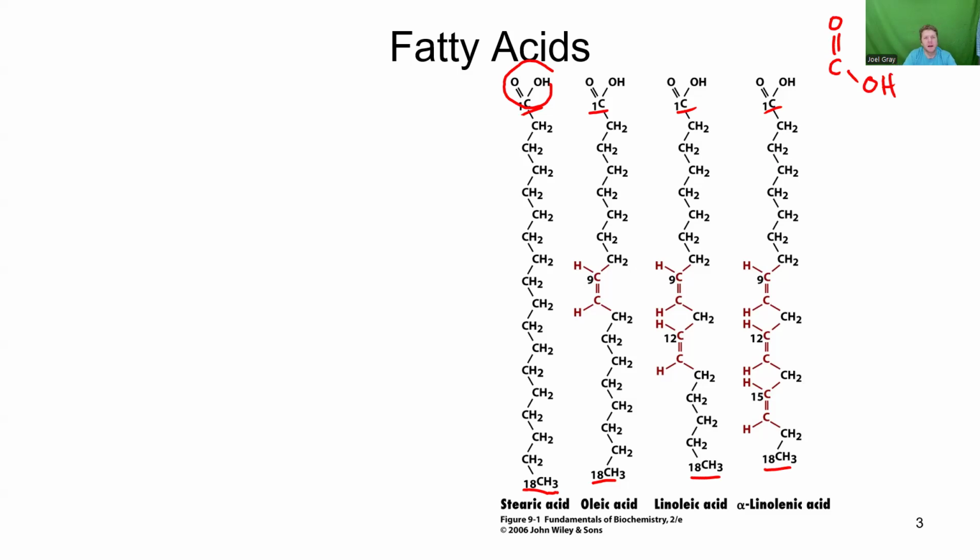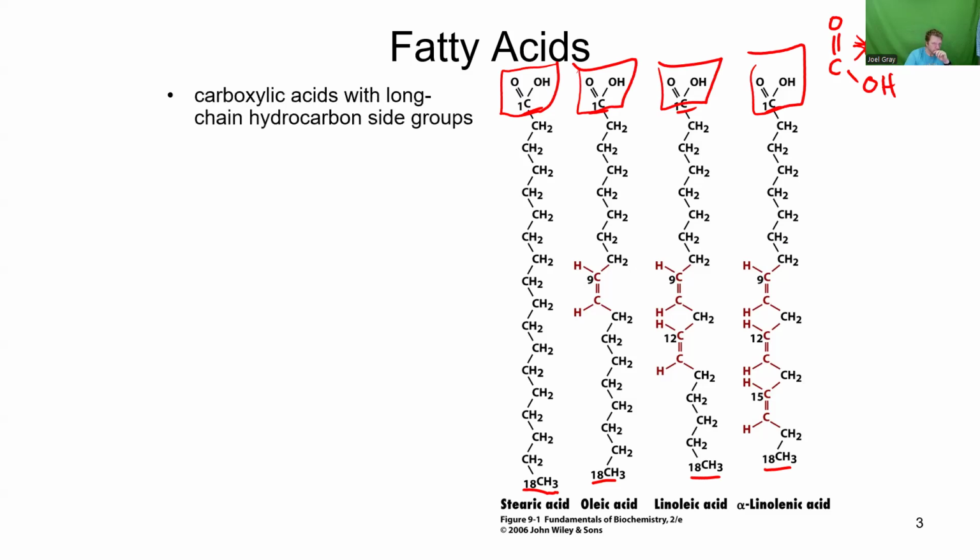So when you hear fatty acid, the acid part of that name is coming from here, carboxylic acid. So we have on all of these molecules a carboxylic acid here, here, here, and then we have this, what's known as a hydrocarbon tail.